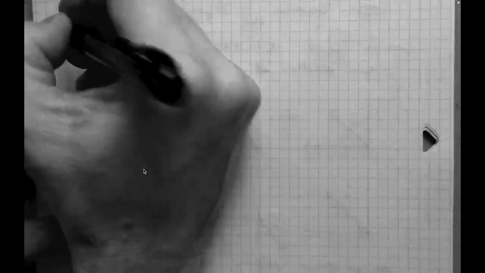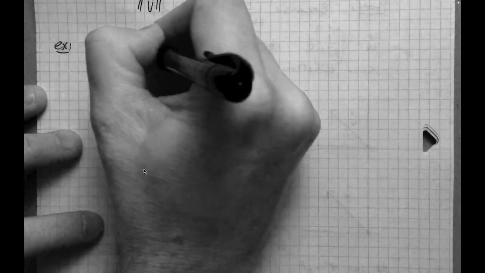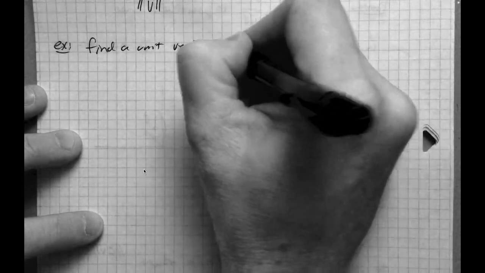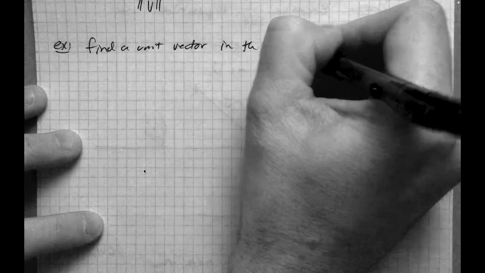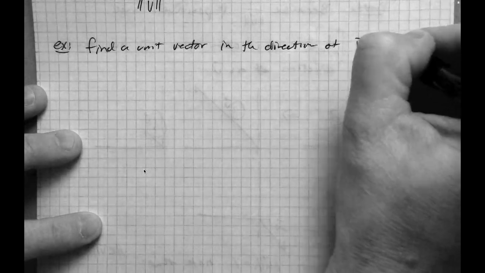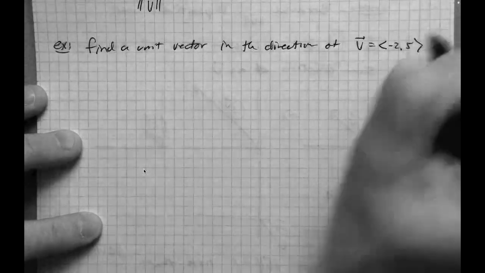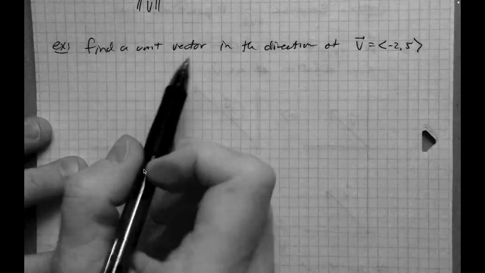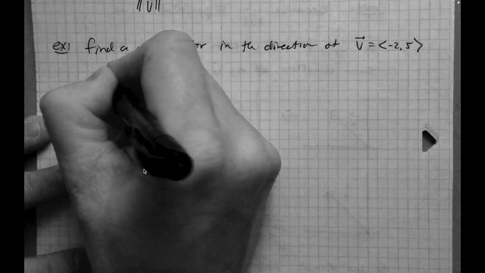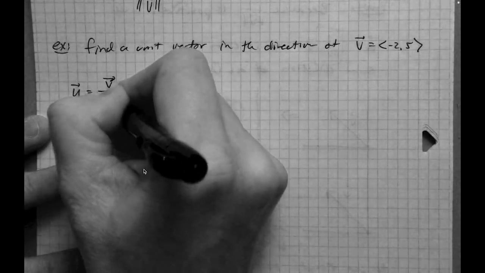Let's find a unit vector in the direction of v equals -2, 5. So we're looking for a u where u is basically v divided by its norm.